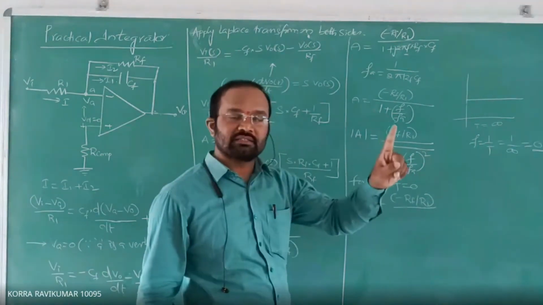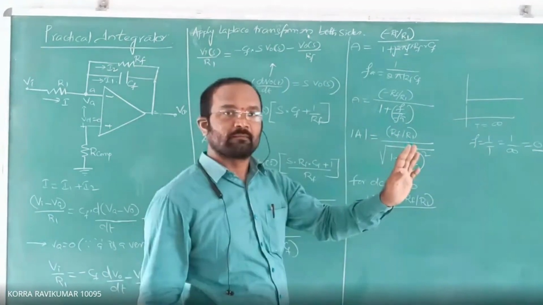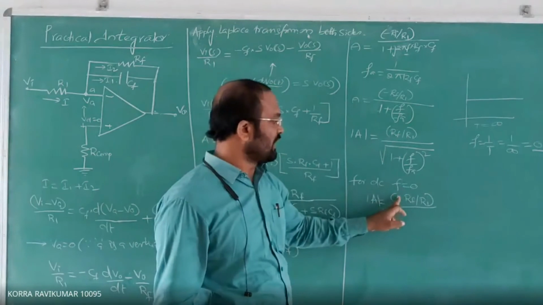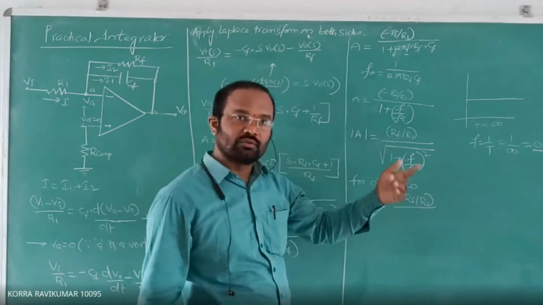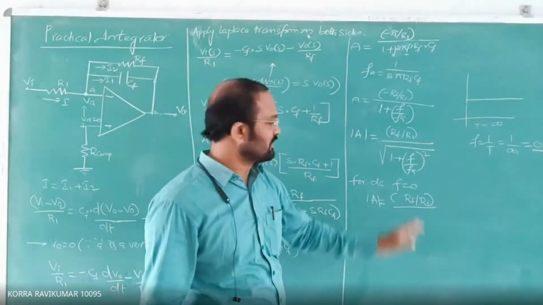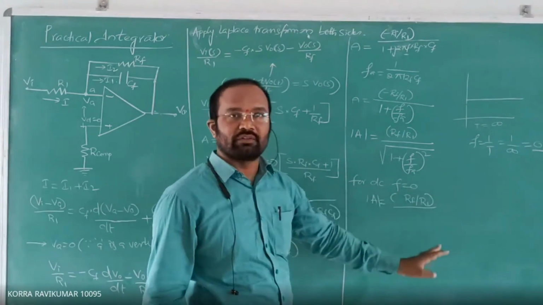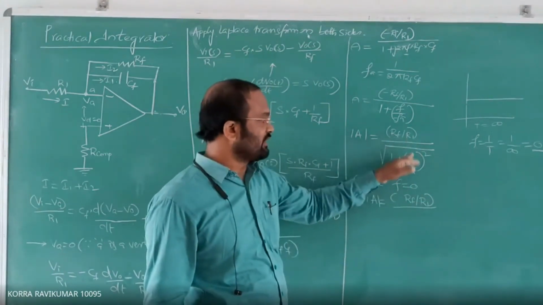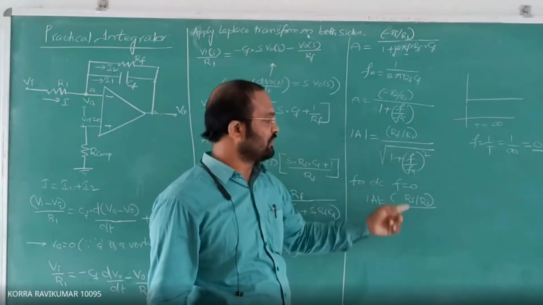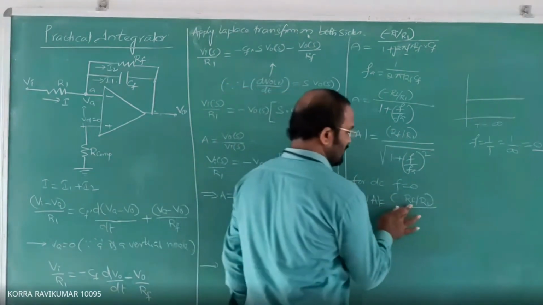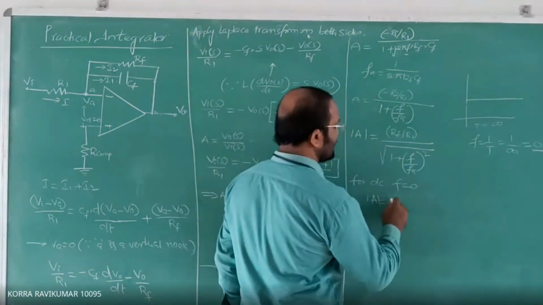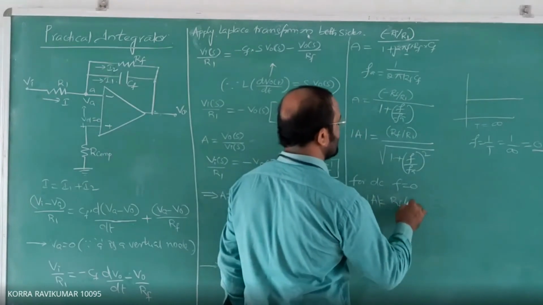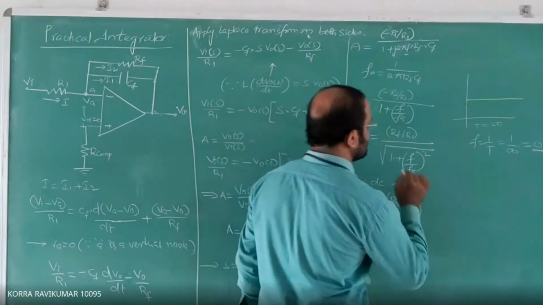Square root of 1 is 1 only. So minus, that is plus, Rf by R1 divided by 1 is equal to that value only, that is Rf by R1. The gain is Rf by R1 if frequency is 0.